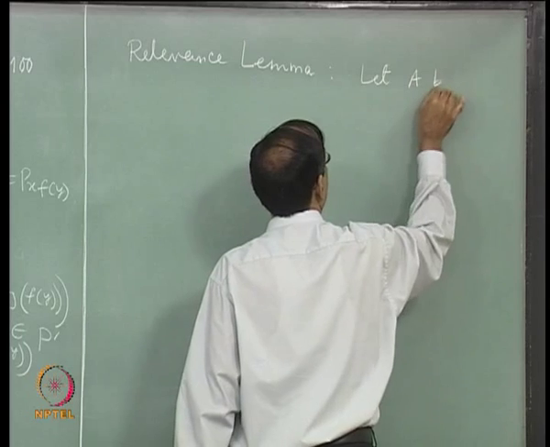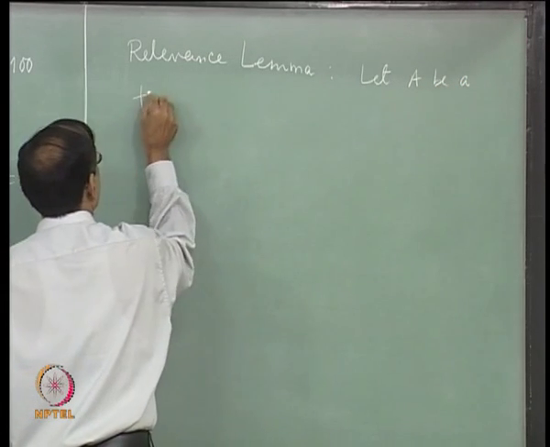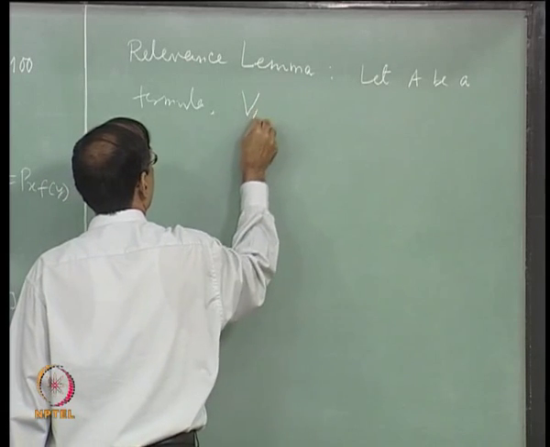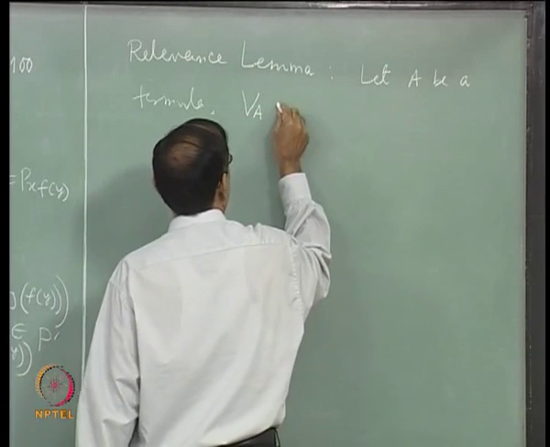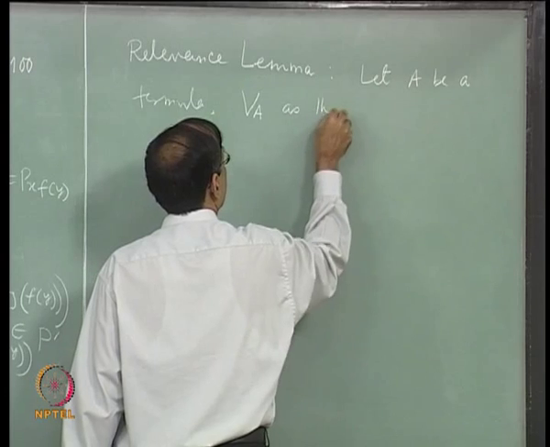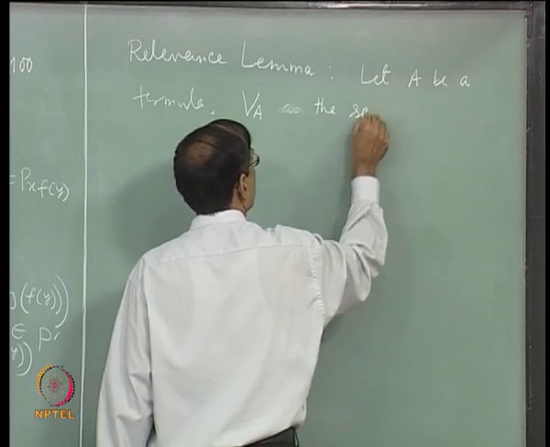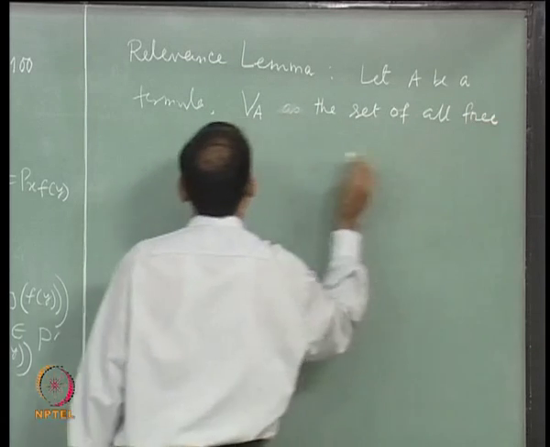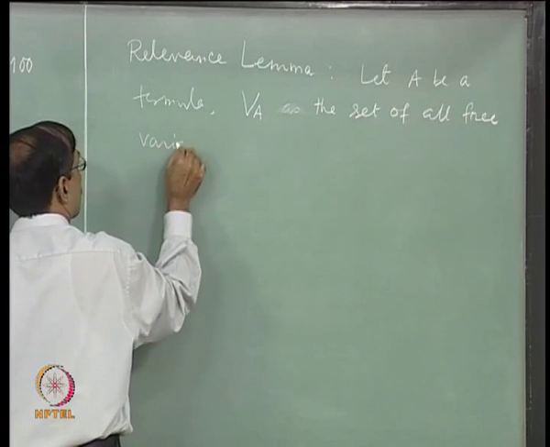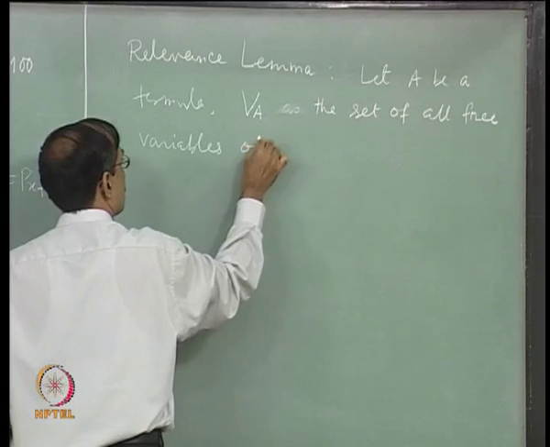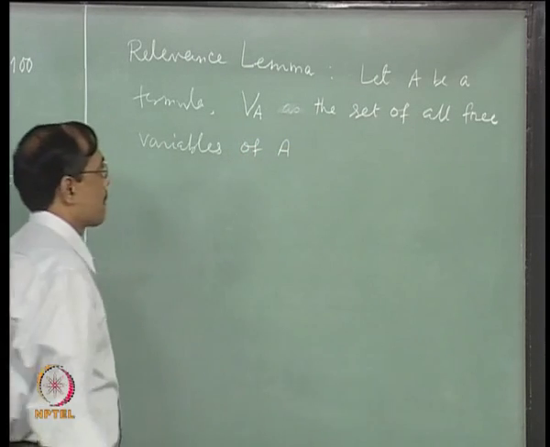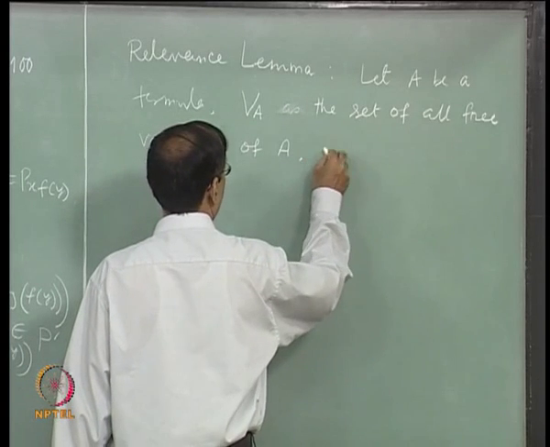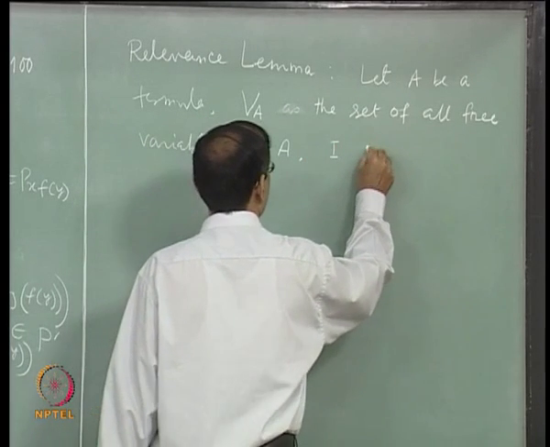Let A be a formula, and let us write V subscript A as the set of all free variables of A. Okay, and let us take I to be an interpretation.